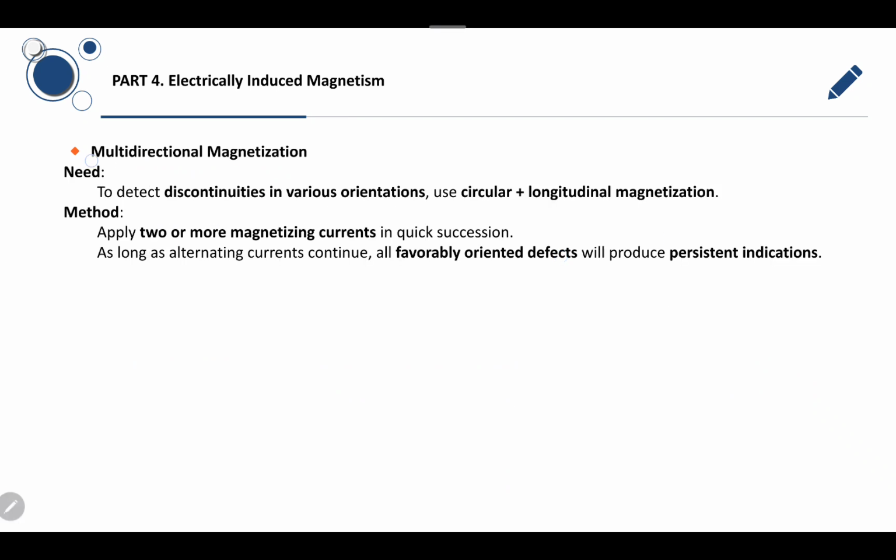Next, we see multidirectional magnetization. We have learned that for optimal detection, a discontinuity must be perpendicular to the magnetic flux flow, as discussed in the previous session on orientation. This means a single fixed direction of magnetization might miss flaws oriented differently.